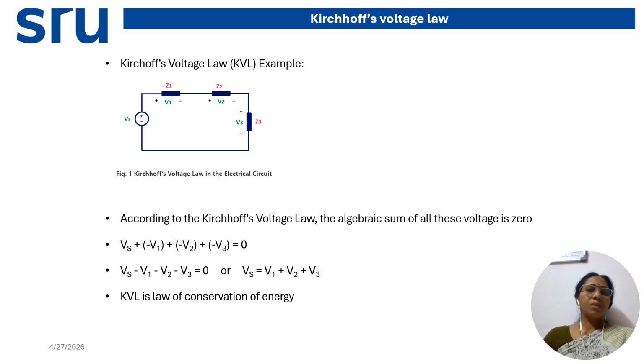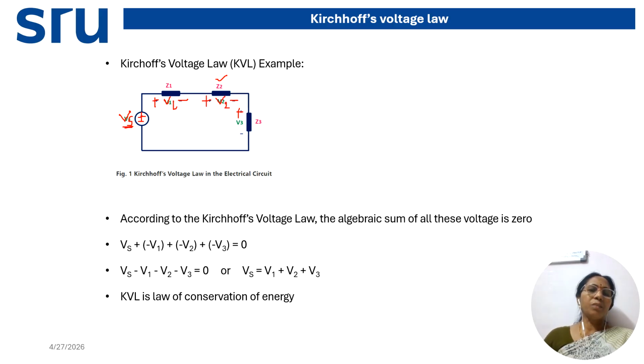This is the example circuit that I am taking. Now look at the elements. The first element is Vs, the voltage source, whose polarities are given minus plus, and the magnitude of this voltage source is Vs. Then the next element is Z1, with the voltage across Z1 represented with plus minus polarity as V1. The voltage across Z2 has polarity plus minus, and the voltage is V2.